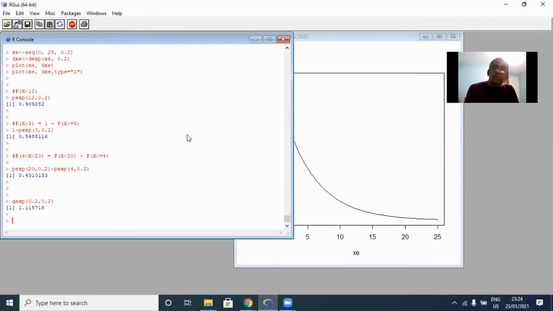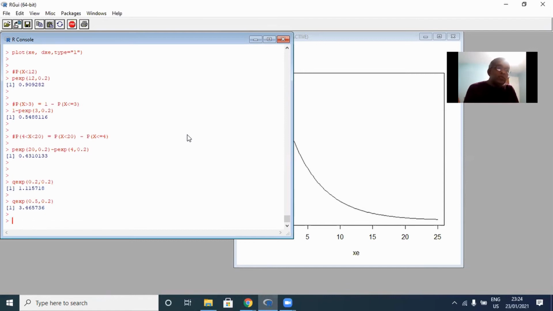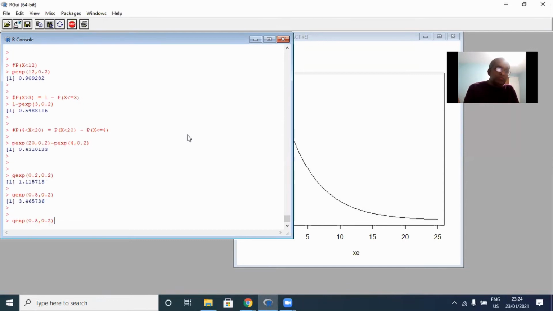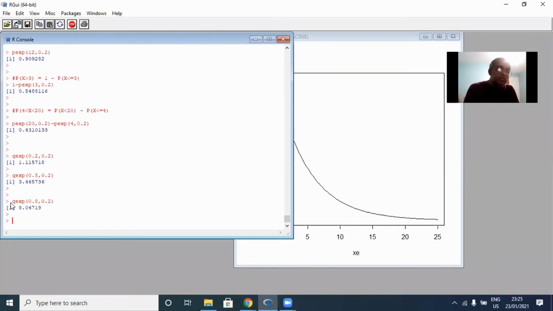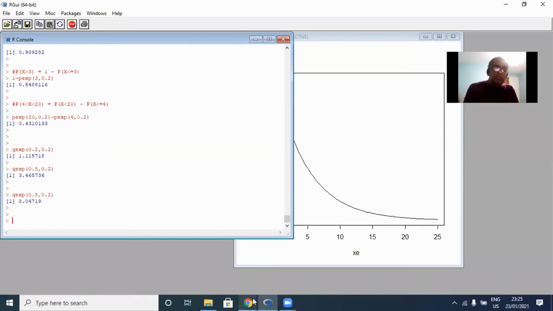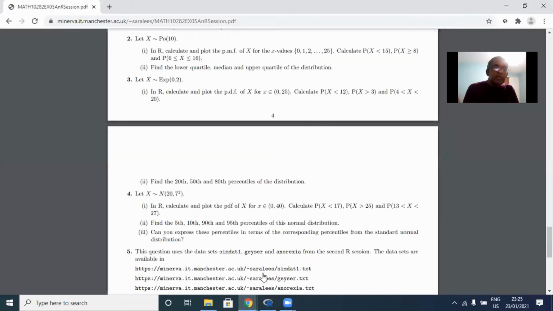That's the 20th percentile. To find the 50th percentile, you put probability equal to 0.5. To find the 80th percentile, you put probability equal to 0.8. That completes exercise 3.